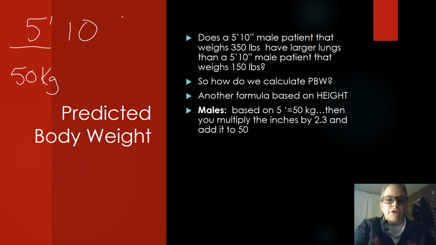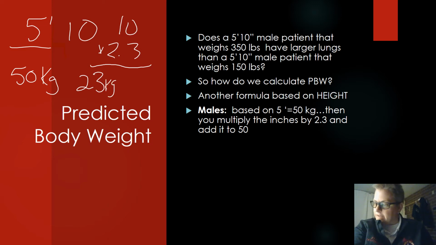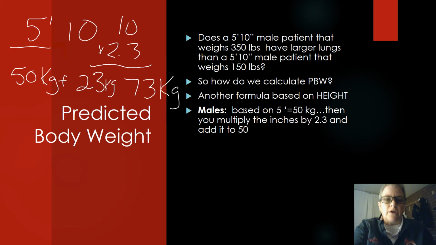And then for those 10 inches, we multiply 10 times 2.3. It's pretty easy math, even for me. That's another 23 kilos. So that 5'10" patient weighs 73 kilos. So we are going to base that 6 to 8 milliliters per kilogram on their ideal body weight, and that is the formula. Hint, that might be one of the quiz questions, right?